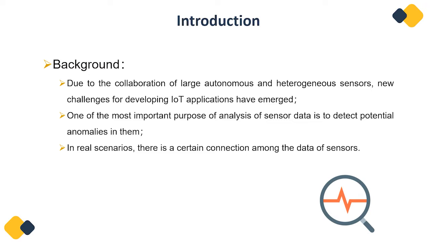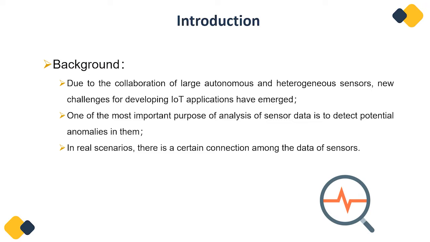One of the most important purposes of analysis of sensor data is to detect potential anomalies in them. Anomaly detection is the process of discovering anomaly data in data resources based on various data processing models and techniques.